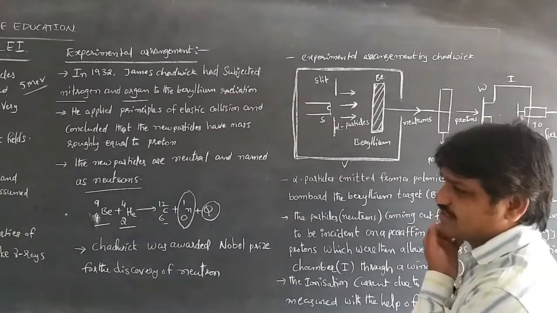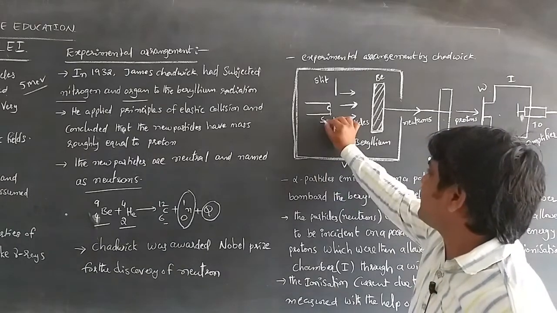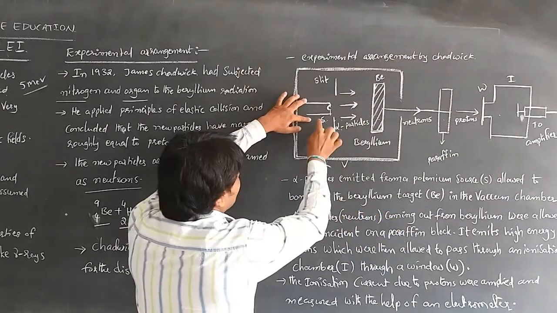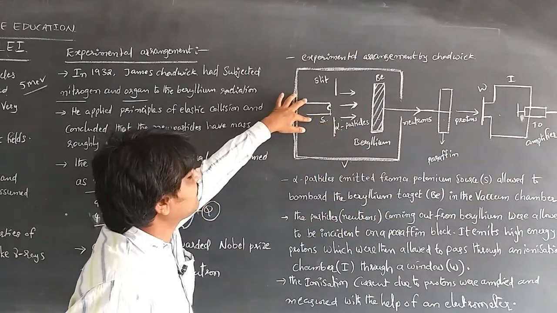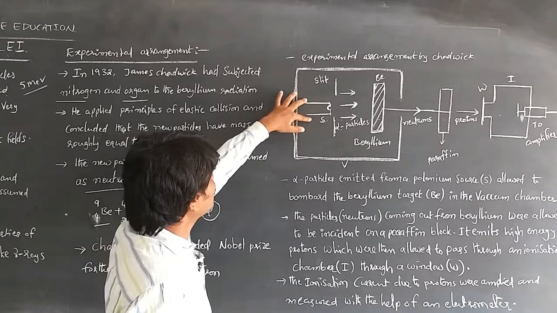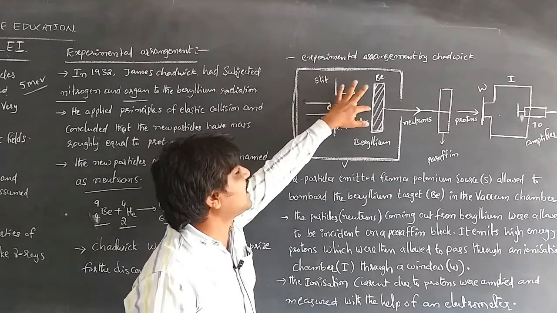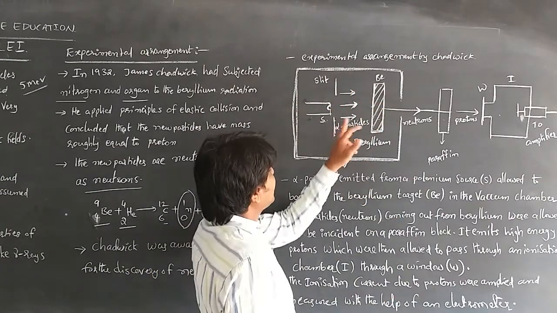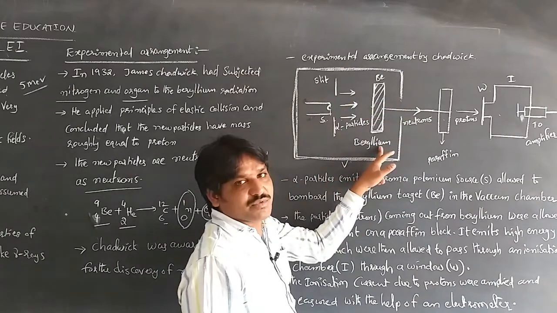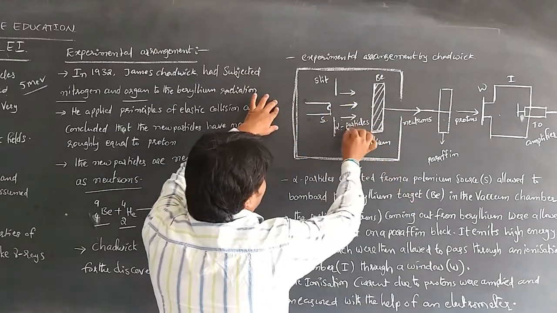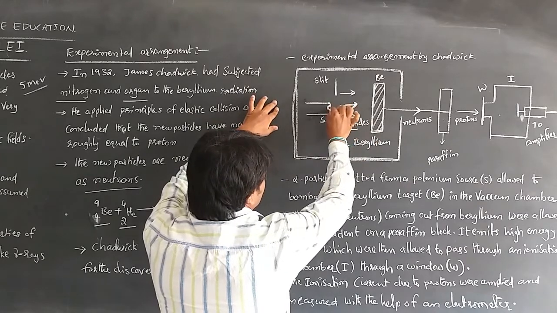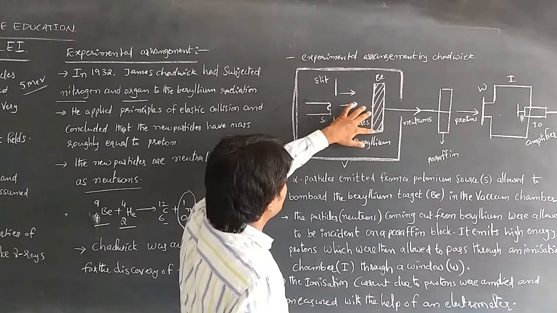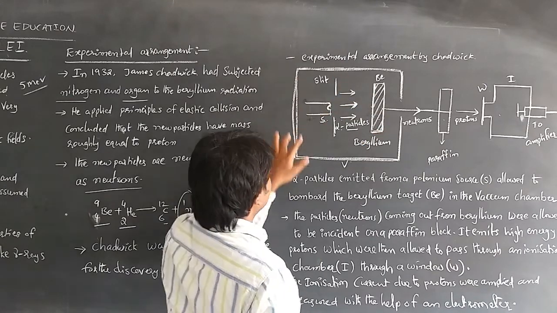Let's see how it functions. Alpha particles are emitted from the polonium source, allowed to pass through the slit, and bombard the beryllium target in a vacuum chamber.